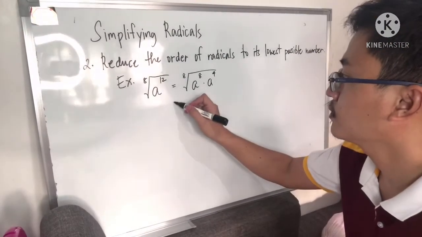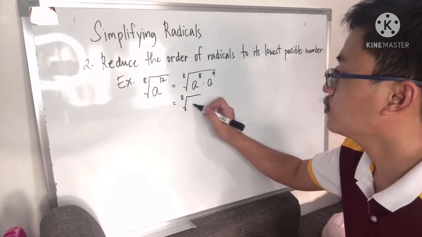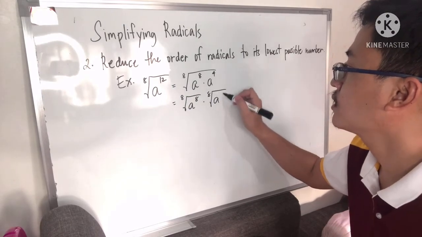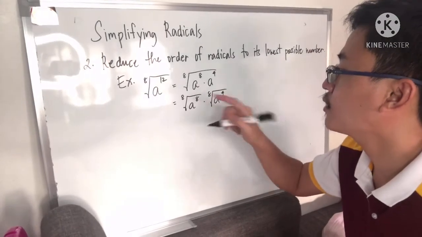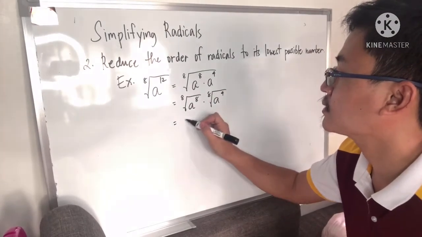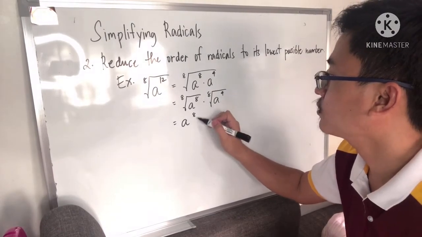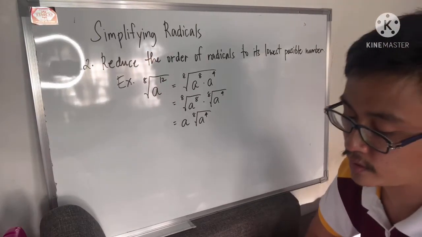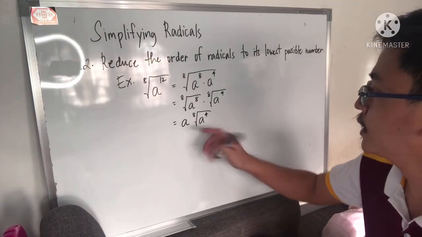Okay, then, separate lang natin to. That is the 8th root of a raised to 8 times the 8th root of a raised to the 4th. So, ito, based sa laws of radicals, diba? A na lang yan. So, a. Then, ito, the 8th root of a raised to the 4th. And then, ito, marireduce pa natin yan.